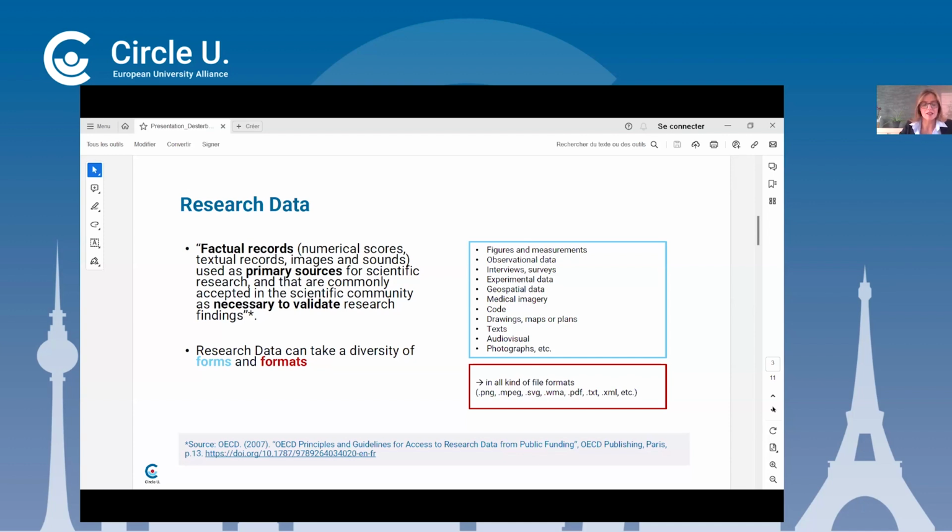So data can take many different forms, from experimental data to figures, medical imagery, surveys, questionnaires, etc. They can be stored in different file formats, PDF, PNG, etc. So there is a wide variety of research data.